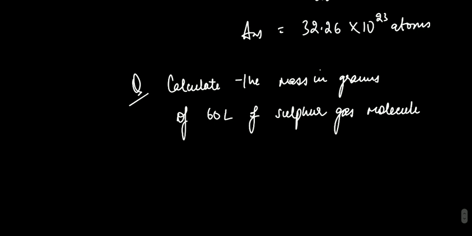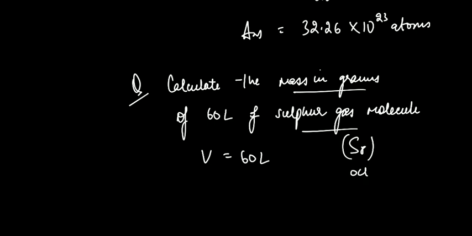So they have given us the volume. So volume is 60 liter. And they're asking the mass in grams of sulfur gas. Sulfur gas is S8, which is octatomic, having 8 atoms covalently bonded with each other.